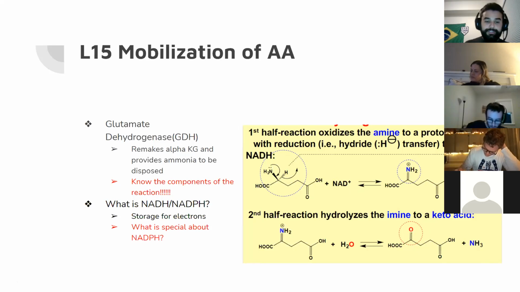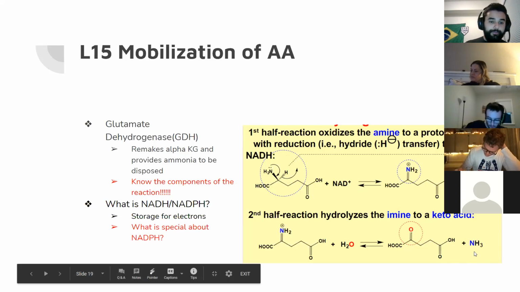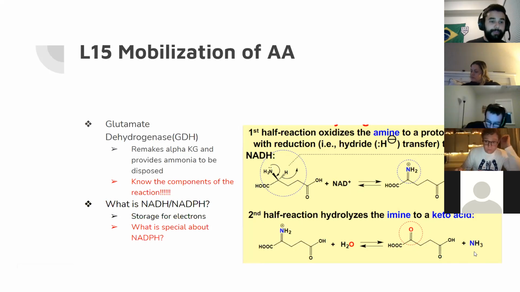This provides us with ammonia, and this ammonia is going to be disposed of in the urea cycle, which we're going to talk about next week. This is a really important reaction because it involves a huge metabolic pathway next week, so you should know all the components.